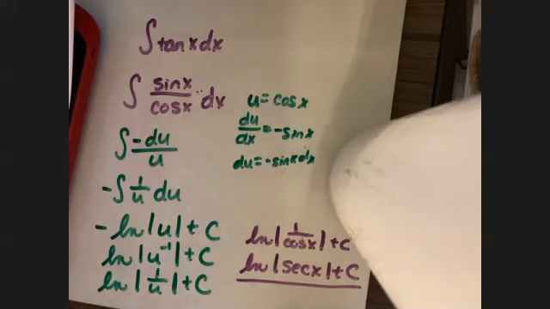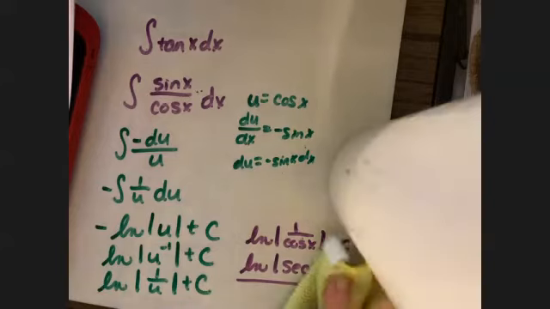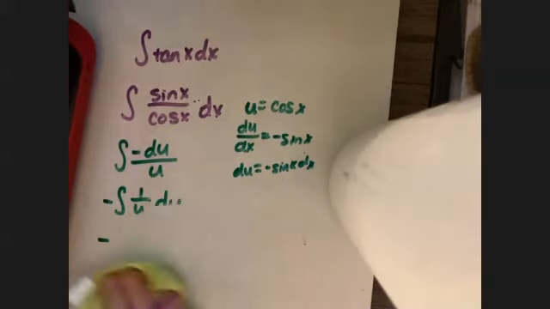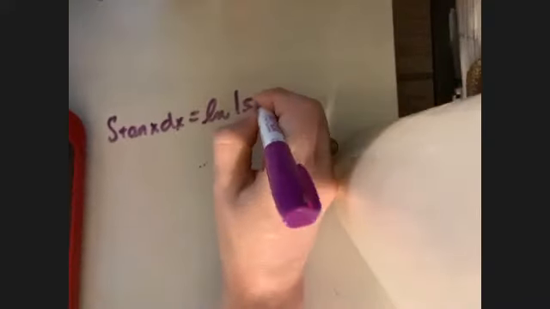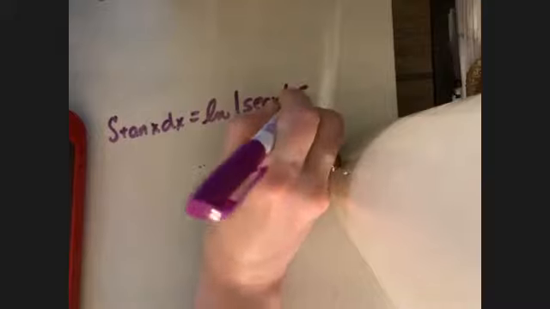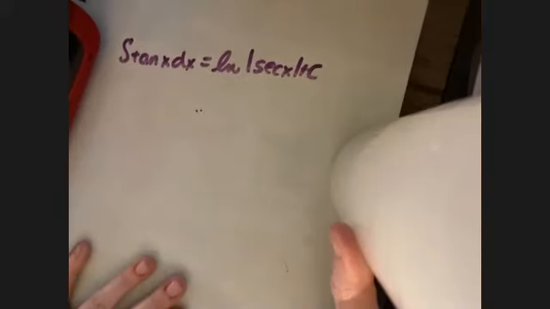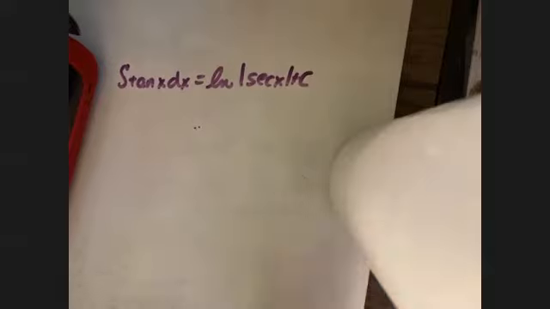So the integral of tan x dx is the natural log of the absolute value of secant x plus a constant. And they have several others that are all done very, very similarly. I'm going to list them here real quick.